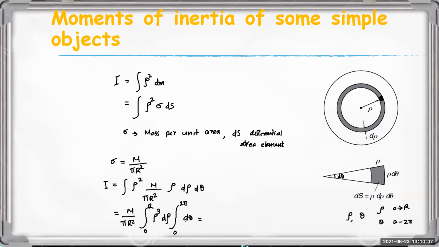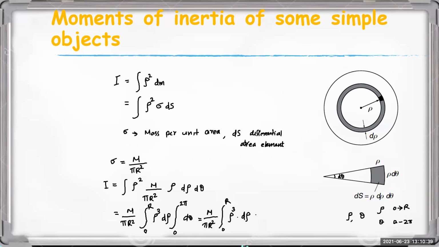So for the integration, I write here integral d theta times m divided by pi R square into integral 0 to R rho cube d rho. Integration of d theta is equal to theta.